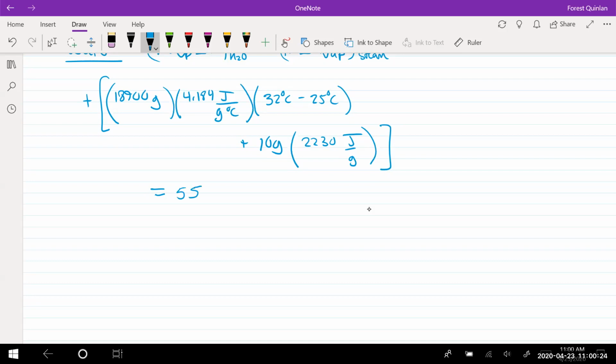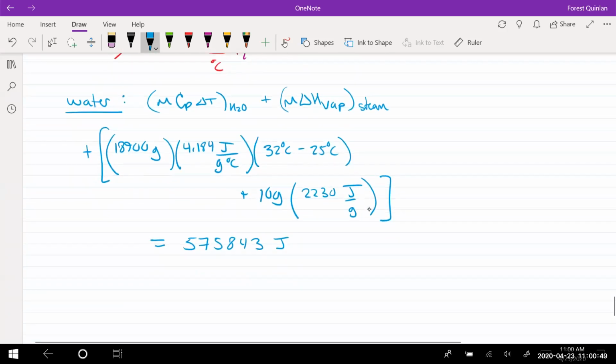And since it's going to be slightly different because of the numbers I was using, it's going to be more than 55. What do we have? 575,843. Yeah. Okay, so now we just have to put these two things together.